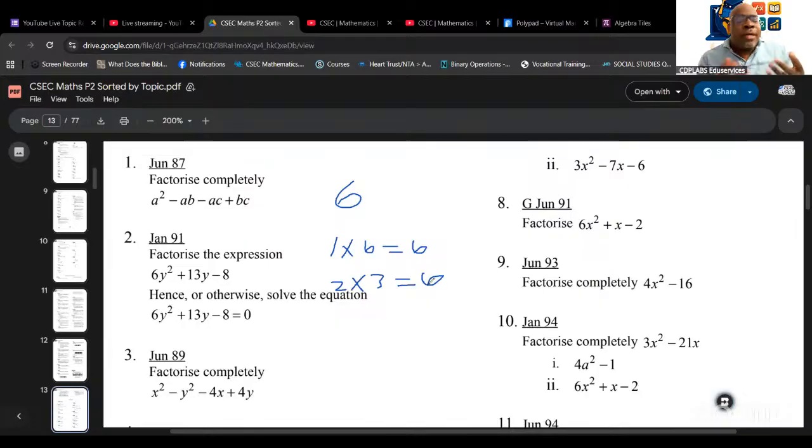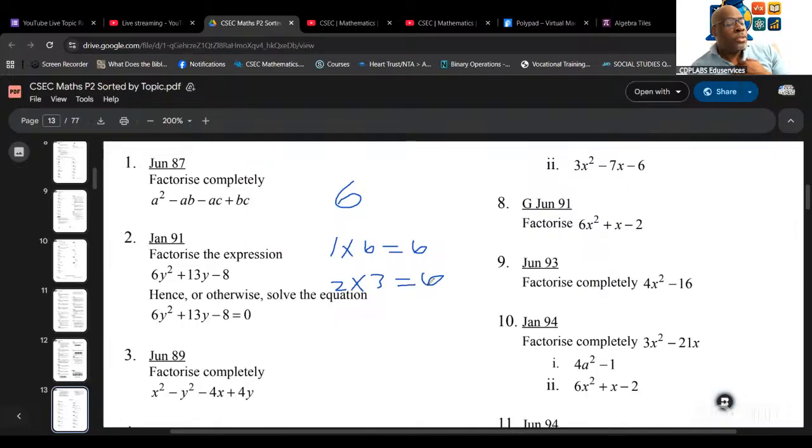So when we say factorize, the big question is, which of the 4 mathematical operations that you know, addition, subtraction, multiplication, division, would you use to factorize? Just by looking at what I just showed you, you could tell.